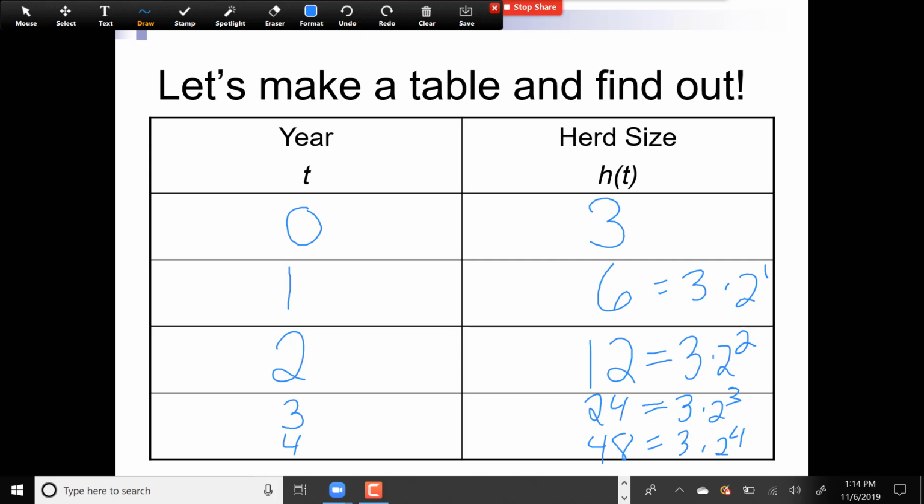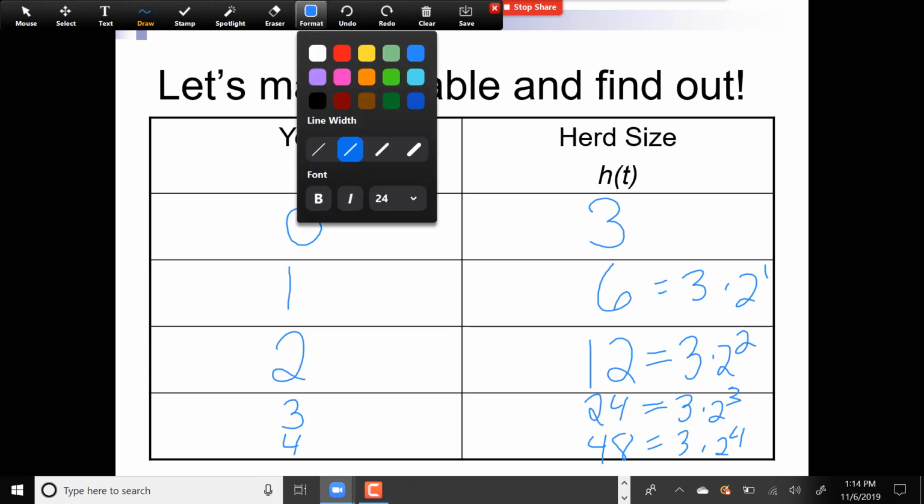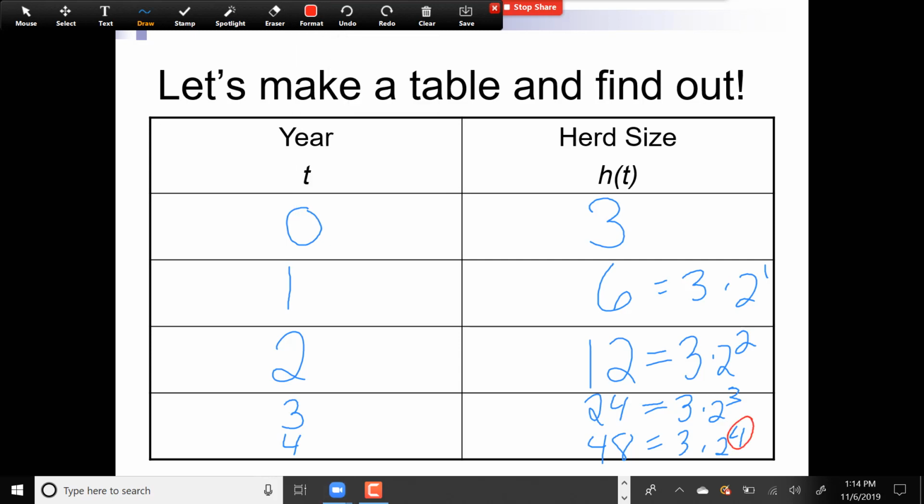Notice the pattern. We have exponents here. We have a 4, which matches with year 4. We have a 3 that matches with year 3. We have a 2, which matches with year 2. We have a 1, which matches with year 1. The only spot where we don't necessarily see what's happening is in year 0.